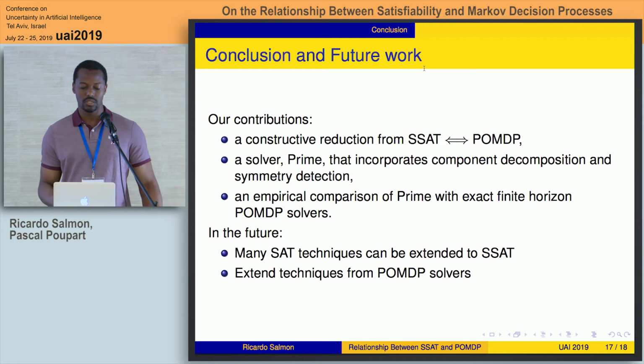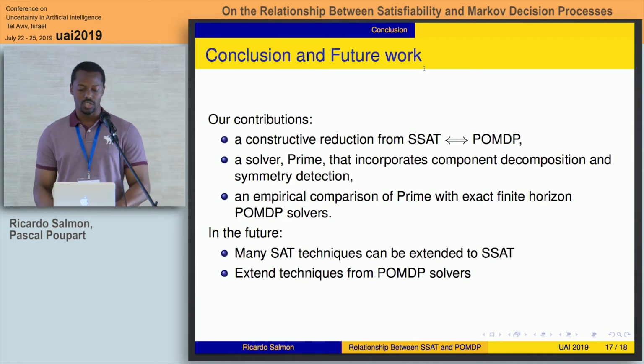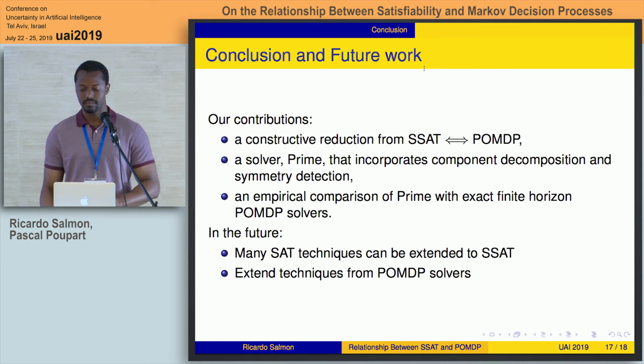So in conclusion, we show a constructive reduction from stochastic SAT to POMDP and the reverse, and show one of the components in our solver Prime, along with some empirical comparison with native POMDP solvers.